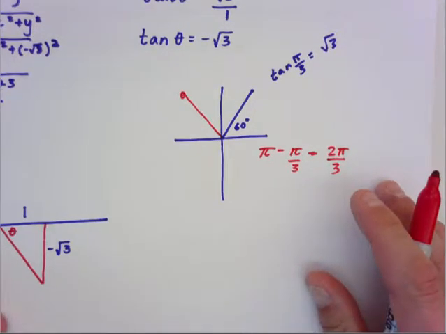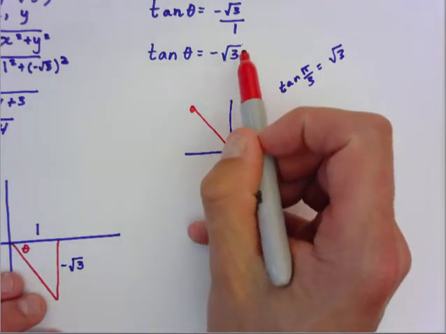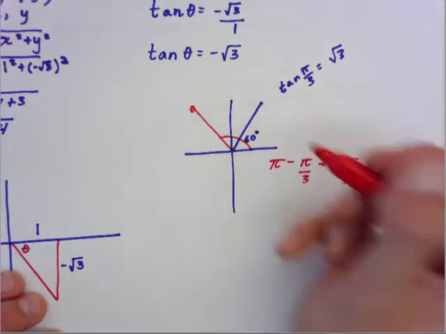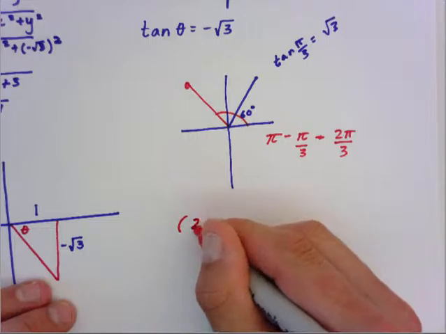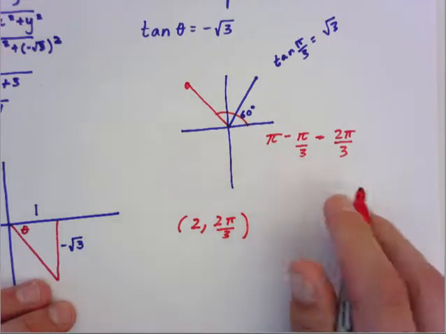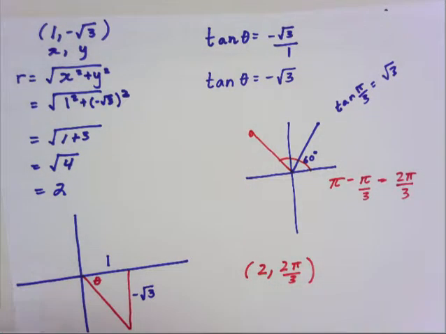So when we look at what angle gives us a negative root 3 value, it is going to be 2 pi over 3, which is this angle right here. So our answer for part A is going to be 2, 2 pi over 3. That is the polar form of the point 1, negative root 3.